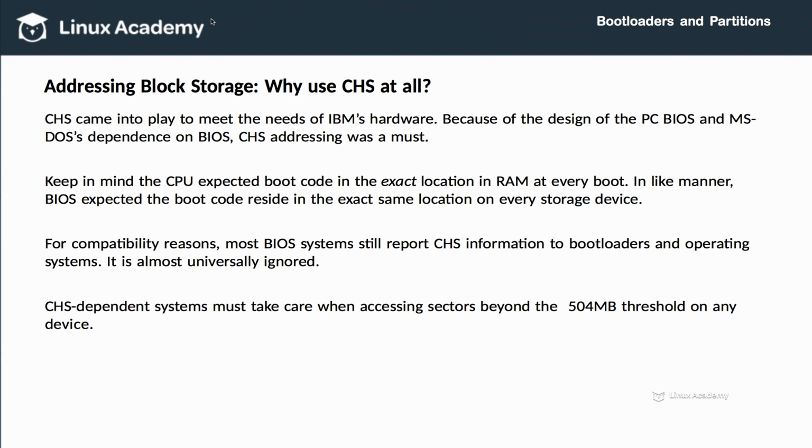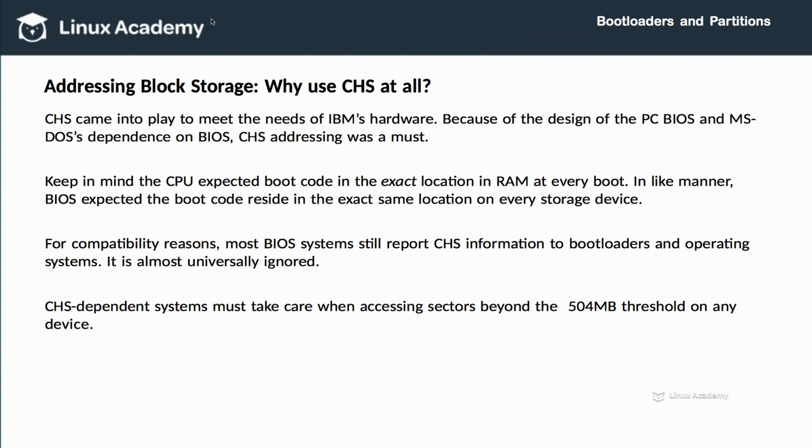Now, with CHS and with BIOS, there are some interesting limitations. Computers that use BIOS expect to find boot code in the exact same location in RAM at every boot. Every single time you power that computer on, the CPU is expecting to find boot code at the exact same location in RAM. In a like fashion, BIOS expects to find the boot code in the exact same location on the hard drive or block device every single time it's powered on, no matter what device is used.